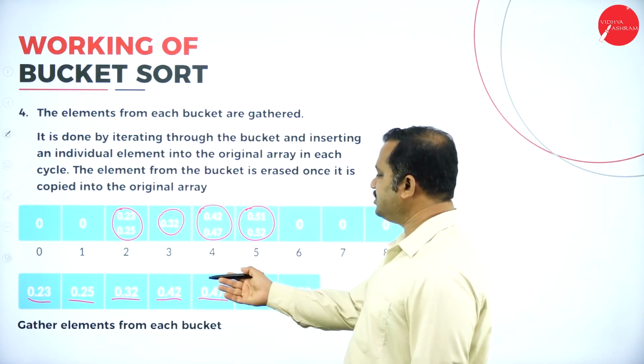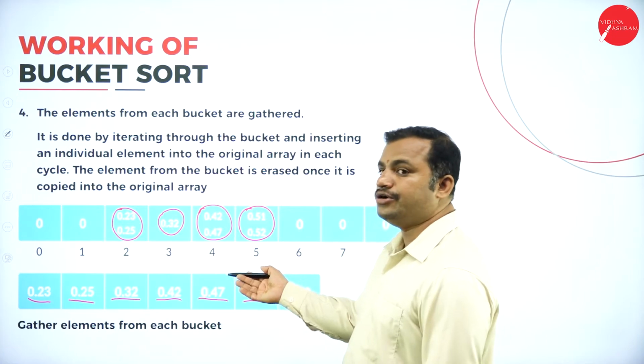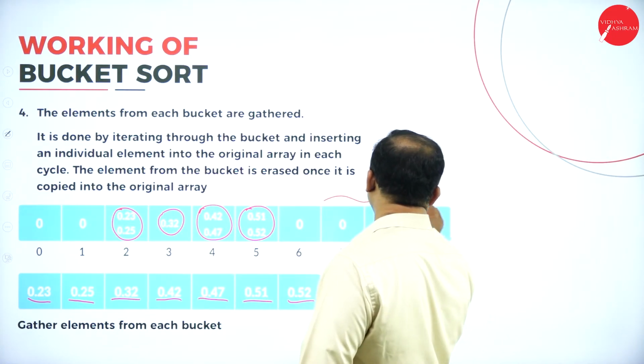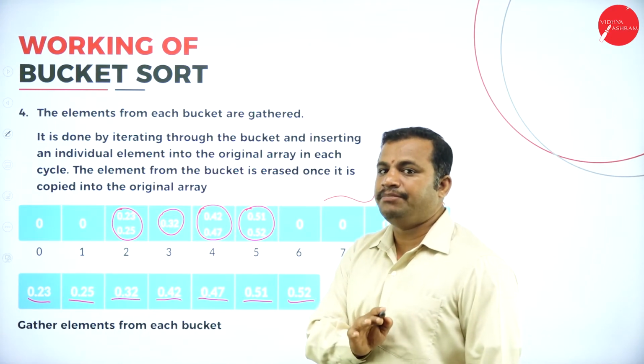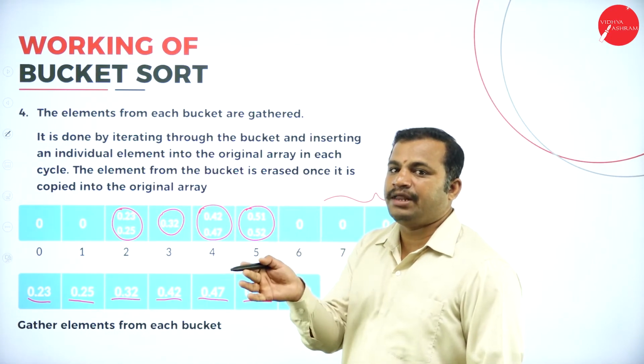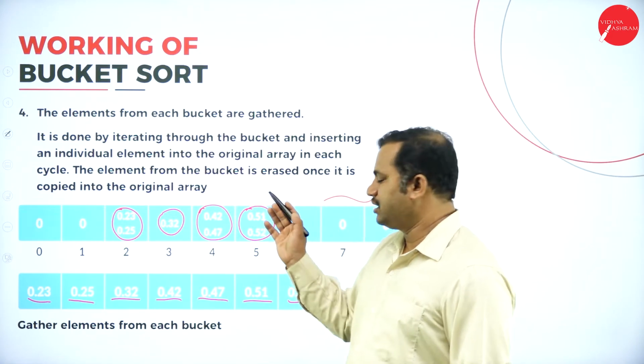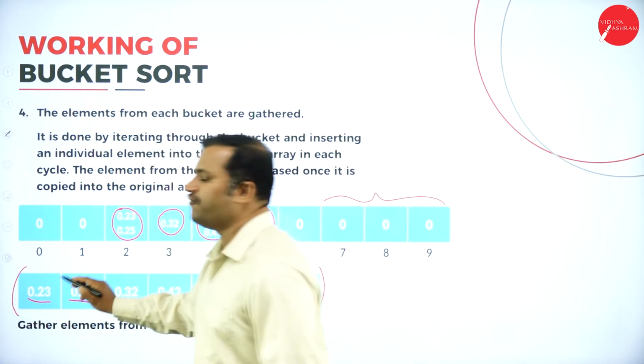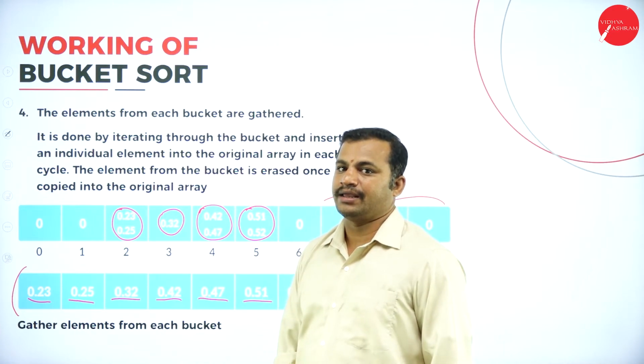So each of these elements have been scattered into different locations, and the last few data items which are supposed to be placed here remain empty. Since it is empty, I can delete it and keep the data items which are non-zero in this array and place it as a sorted array.